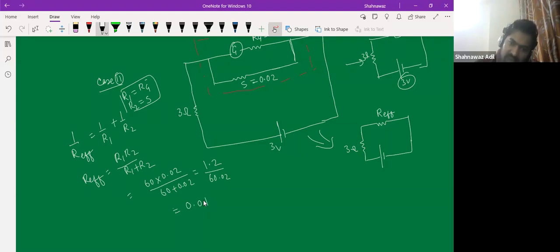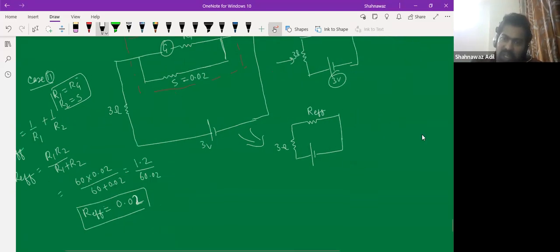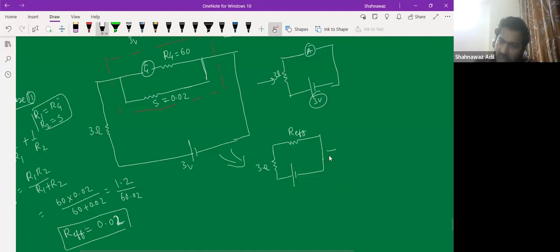So we can write it as 0.0. This is R effective. Now, what would be the reading that we will get? If we measure, the new R equivalent would be 3 plus R effective, because these are in series.